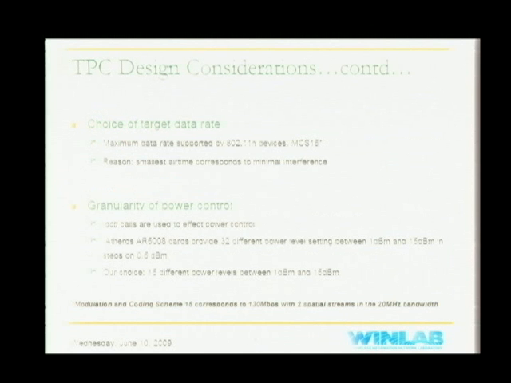So coming to the choice of our target data rate, a specified target data rate is the minimum speed which you want to guarantee. In our case, the maximum data rate supported by 802.11n devices is our target data rate. We want to ensure that by doing power control, the power control is not going to adversely affect the rate or the data rate being used by the system.